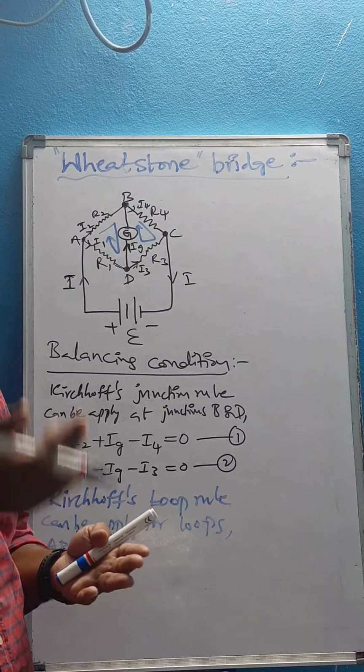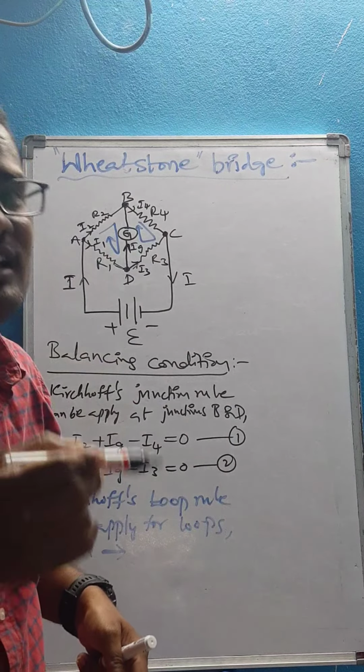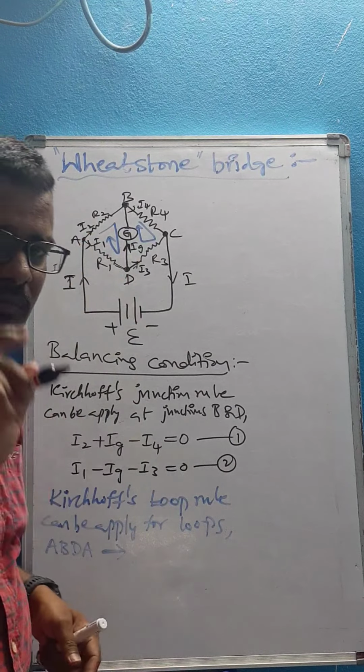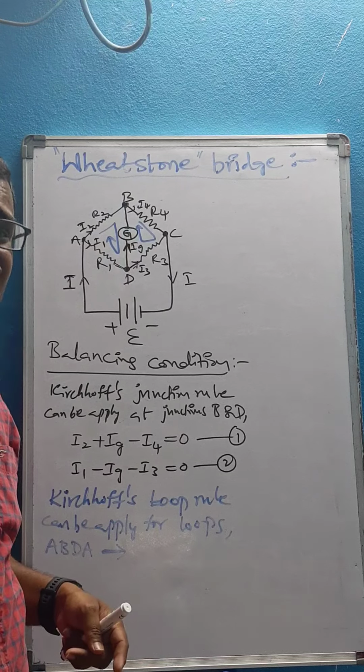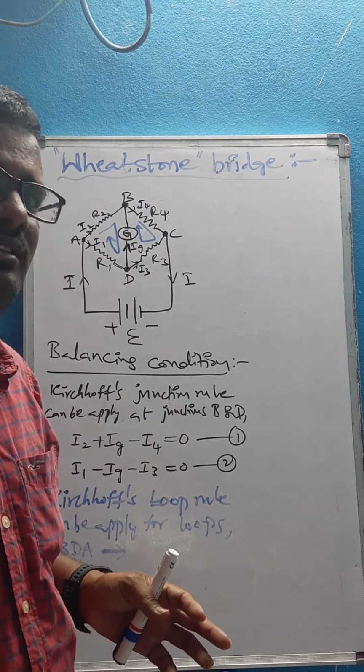If you move from the negative terminal to the positive terminal, take a positive sign. Here there are no cells, only resistors. So if you move along the direction of the current, take a positive sign, and if you go opposite to the current, take a negative sign.